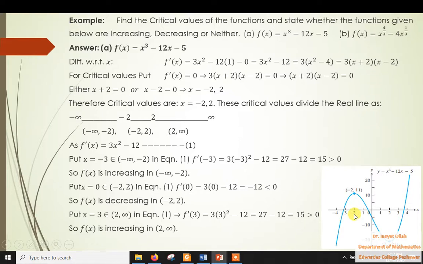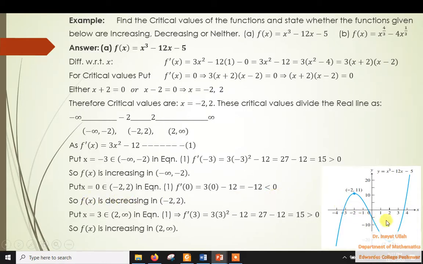So we may say that between minus 2 and plus 2, the graph of the function is decreasing. So the function is decreasing between x equal to minus 2 and x equal to plus 2. That is the idea, that between minus 2 and plus 2, the function f of x is decreasing.